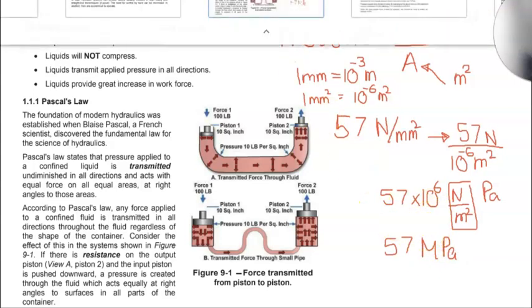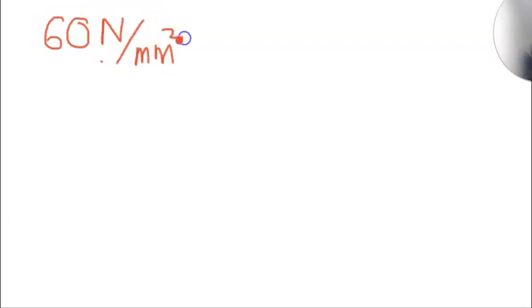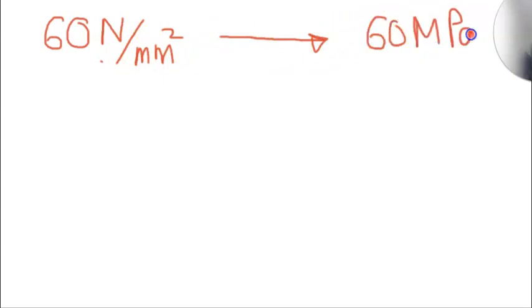An easy way of doing that: let's say you are given any number, let's say 60 Newton over millimeter square. That's the easy way. You can write straight away that it is 60 megapascal.